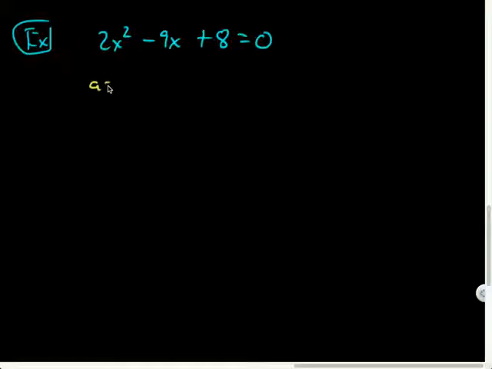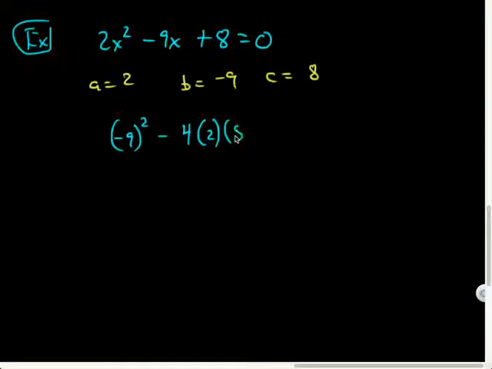So let's just figure out A, B, and C. A is 2, B is -9, C is 8. So, plug it into the discriminant formula. -9 in parentheses squared, don't forget your parentheses, minus 4 times A is 2, times C is 8. -9 squared is 81, minus 4 times 2 is 8 times 8 is 64.